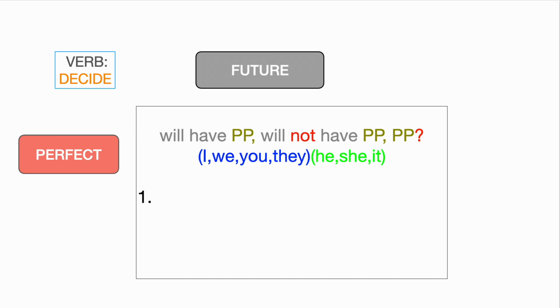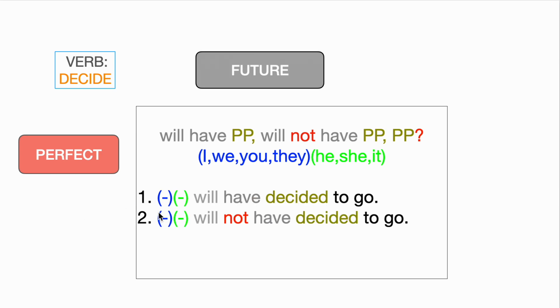And we say this if we are talking about by this time, maybe by this time tomorrow, I will have decided to go. Or they will not have decided to go. And a question, will we have decided to go? Will she have decided to go?